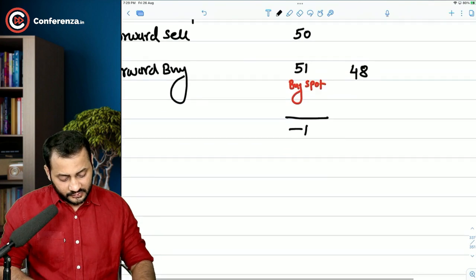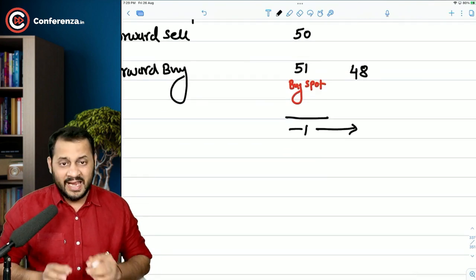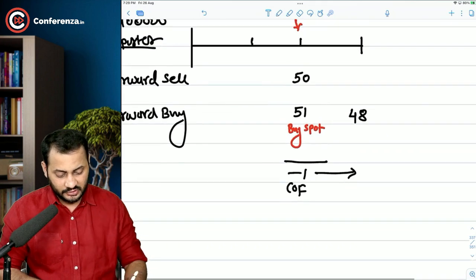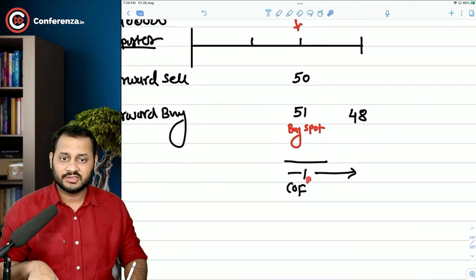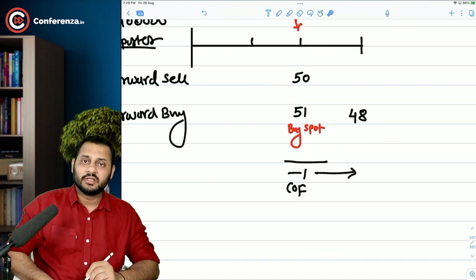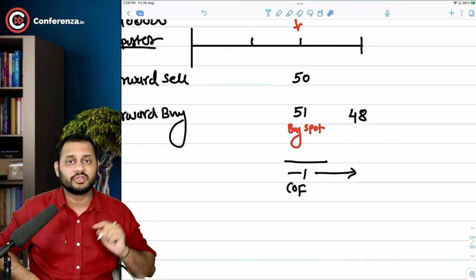That early period is 1 month. This is a net cash outflow to the bank. Because of the loss, the bank paid 51 lakh in the market and received 50 lakh rupees from the customer. So the net cash outflow is also 1.